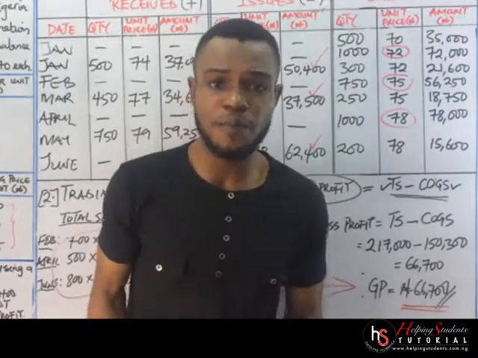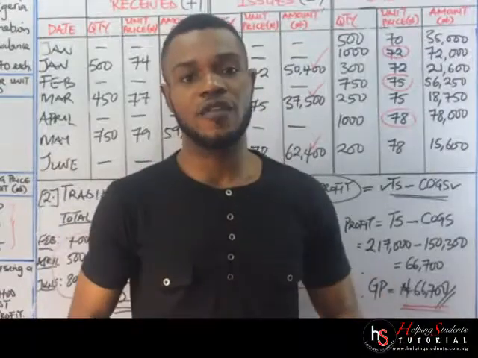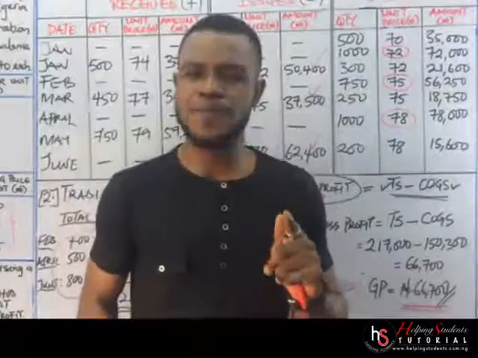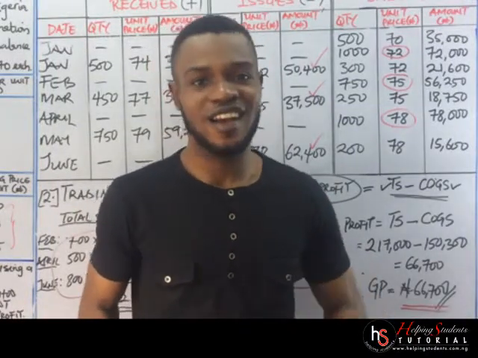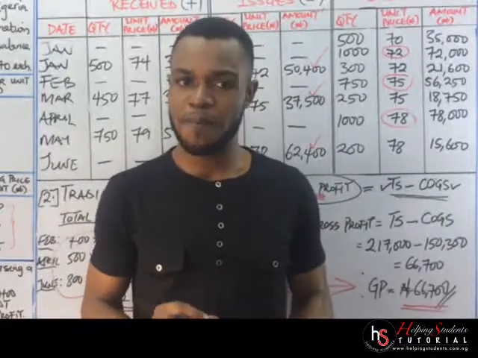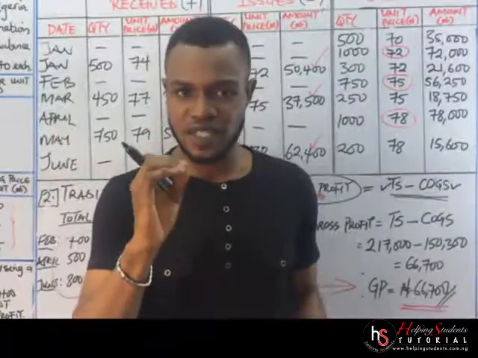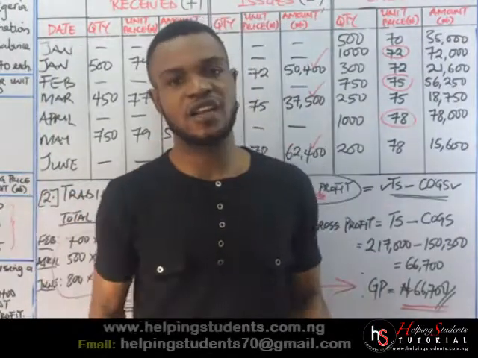With the 4 examples I've solved for you, under the FIFO, LIFO, and the weighted average, using 2 different methods, I believe that whatever kind of question you see under this topic in particular, you will give it the best shot you can, because I have simplified it for you. Use this format to solve whatever kind of question.